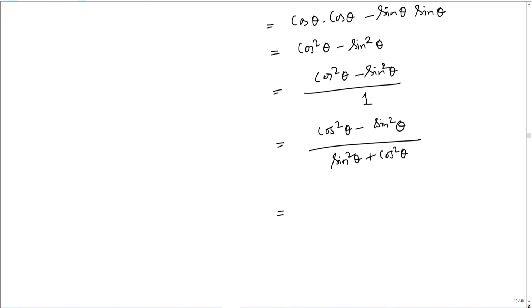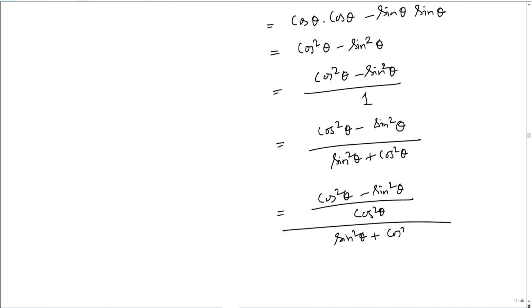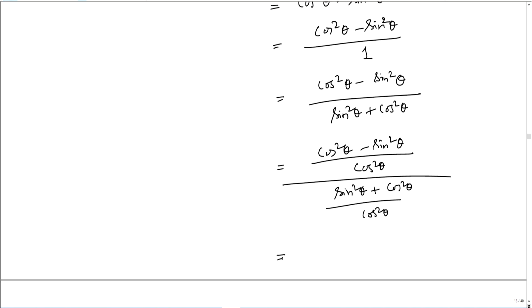And now, we divide both the numerator and the denominator by cos square theta. We can do this because we are dividing by the same thing, and if this cancels out, we get back the same term.